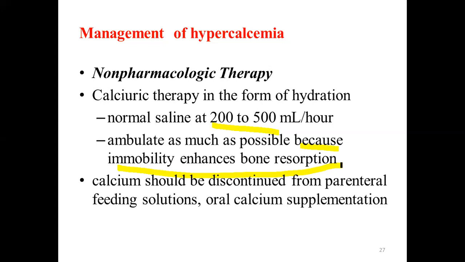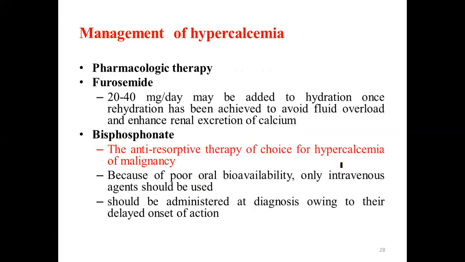That is another important point to note. We also need to discontinue any calcium supplementation the moment we encounter a patient with a high calcium level. That is another important recommendation.